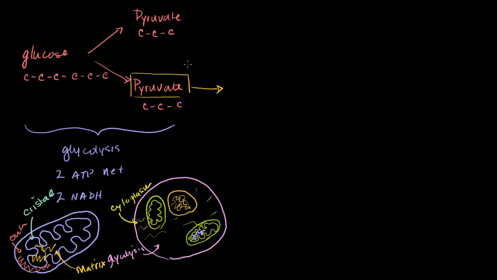We call that pyruvate oxidation. Essentially what it does is it cleaves one of these carbons off of the pyruvate. And so you end up with a 2-carbon compound. You don't have just 2 carbons, but its backbone of carbons is 2 carbons, called acetyl-CoA.